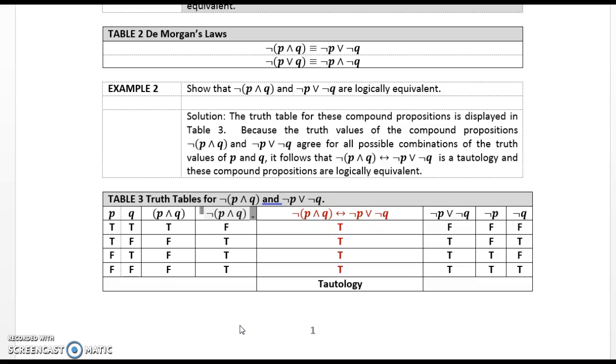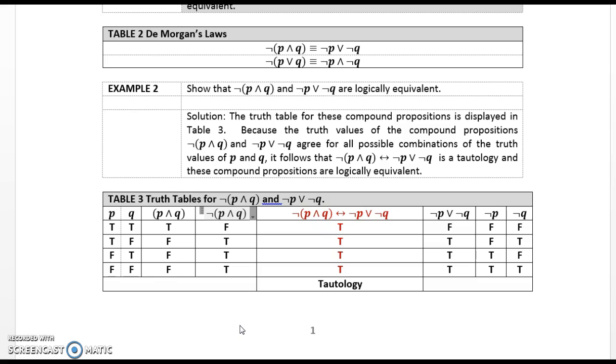Example 2. Show that not (P and Q) and not P or not Q are logically equivalent. This is the first of the two of De Morgan's laws. Solution. The truth table for these compound propositions is displayed in Table 3.